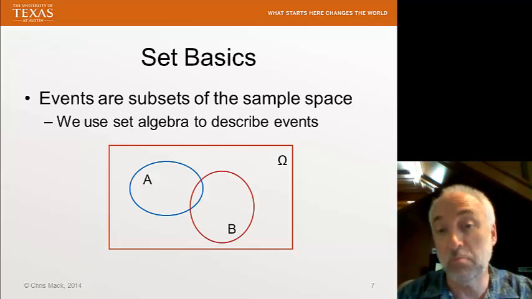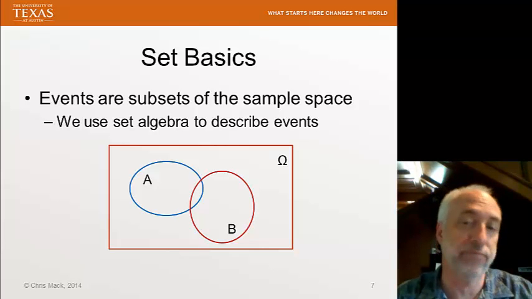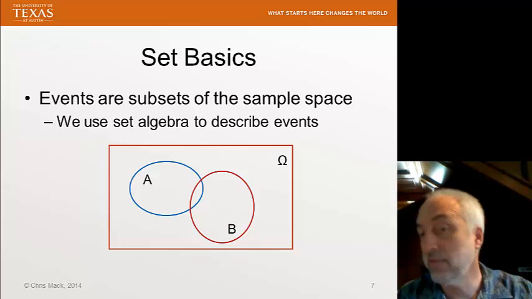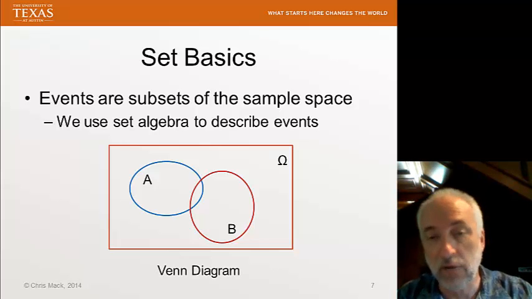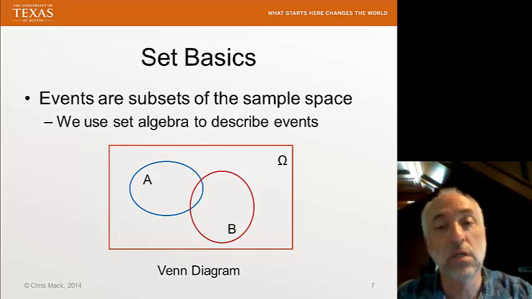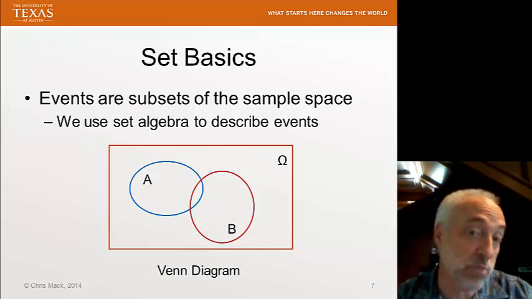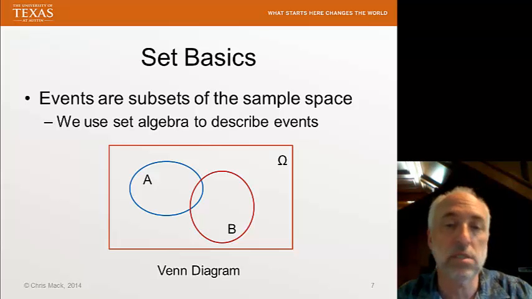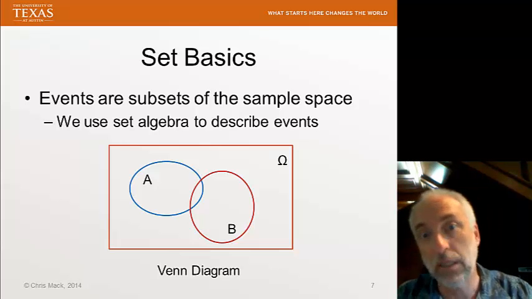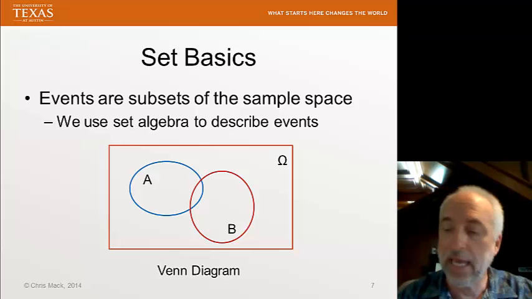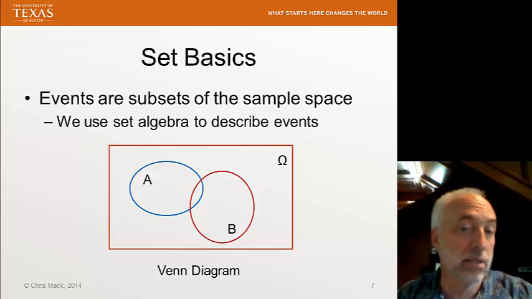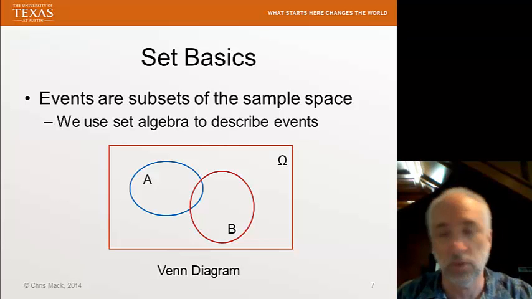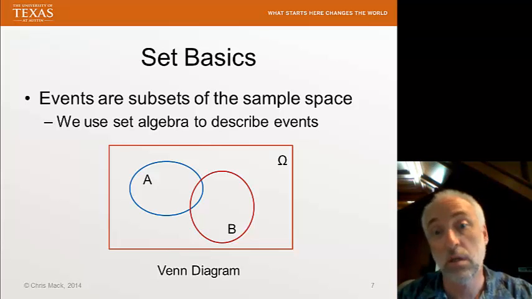A different event, B, will be a different subset within that sample space. And this diagram that I've just drawn is called a Venn diagram, very commonly used in set algebra and in probability to help us picture how all of these sets will relate to each other. And we'll find that drawing Venn diagrams will make the concepts of set algebra and probability laws easier to understand.